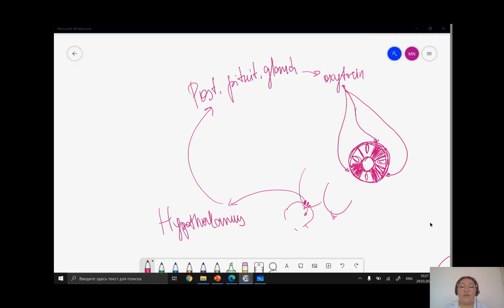Because after that, you can see that the baby will just sense the taste of milk, and then he has the brown fat of the cheeks, and the force of the suckling will be increased. So the mechanoreceptors again send the signal to hypothalamus and to pituitary gland. They release the oxytocin and then ejecting the milk till the moment when the milk will be finished.